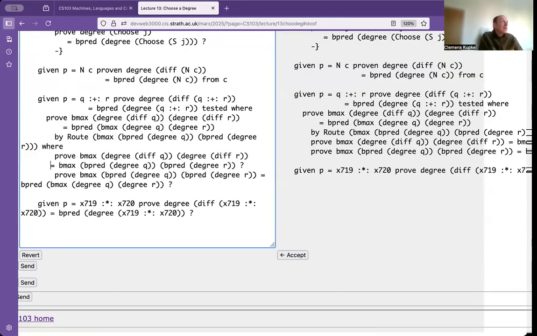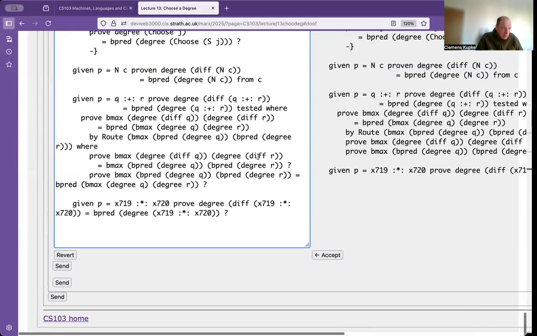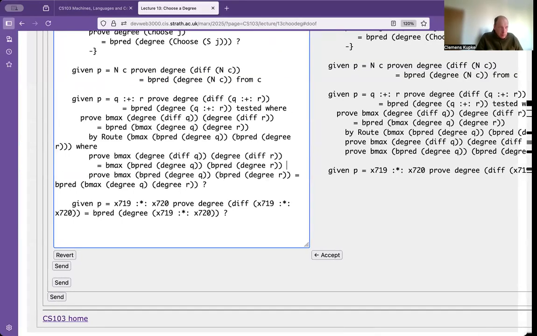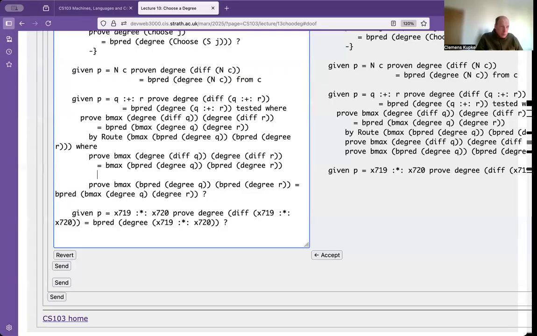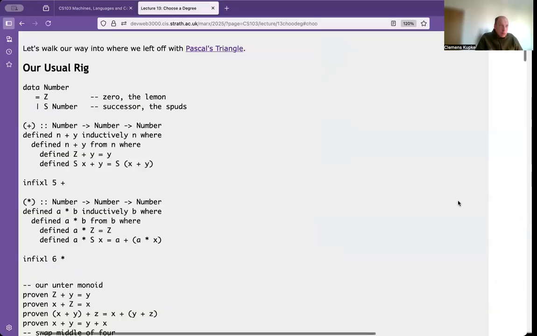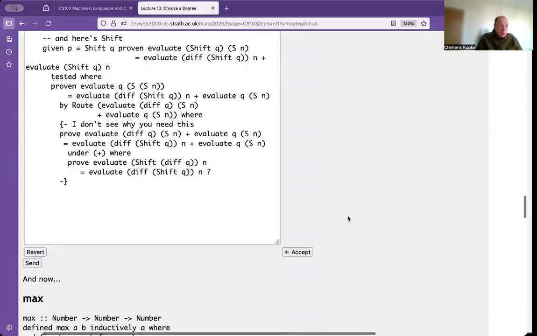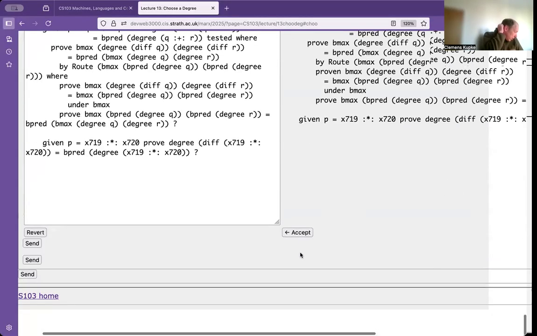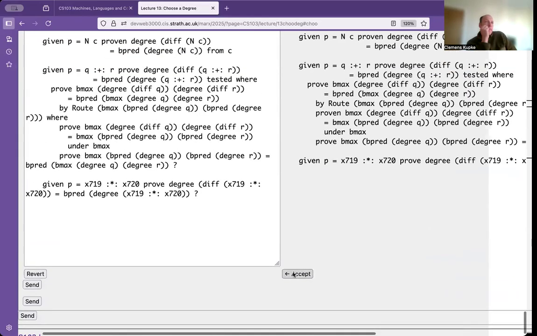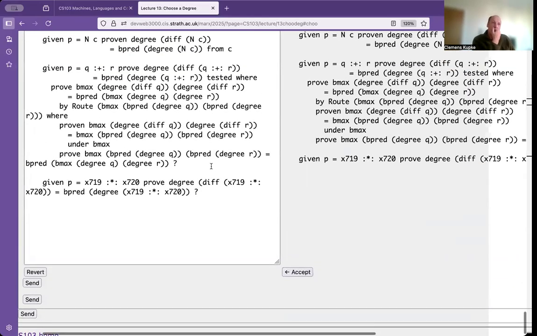There's the boring sub-goal, which just justifies my step with a bit of under B max. No, where did I? I pressed the wrong send button, didn't I? Okay, so that one's fine.